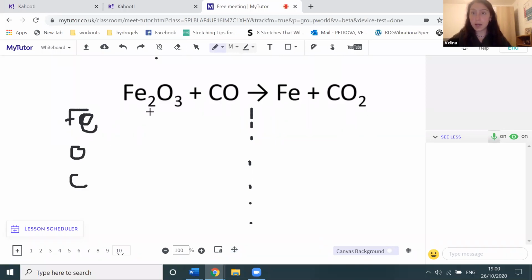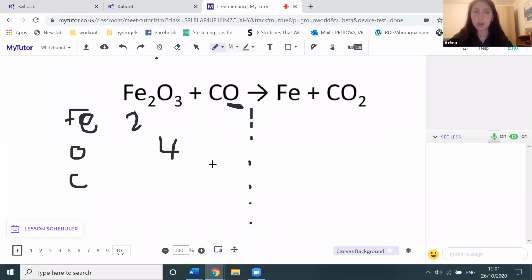Those are the 3 different atoms we have in our equation. How many irons do we have on the left? We have 2. How many oxygens do we have? This little 3 is telling us we have 3 oxygens in this formula and just 1 oxygen in the other compound. So therefore we've got 4 oxygens in total.